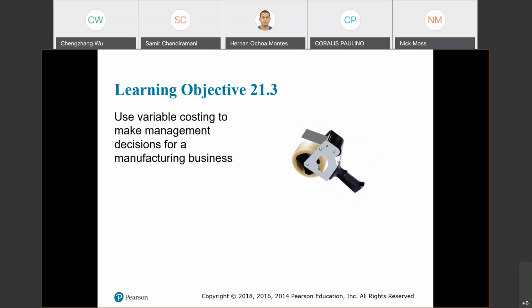So, in this class, since we have known the difference between variable costing and absorption costing, let's take a look how variable costing can help the managers make business-related decisions.